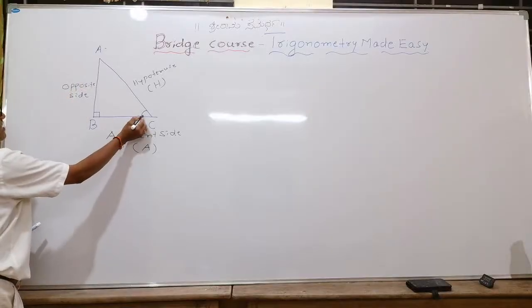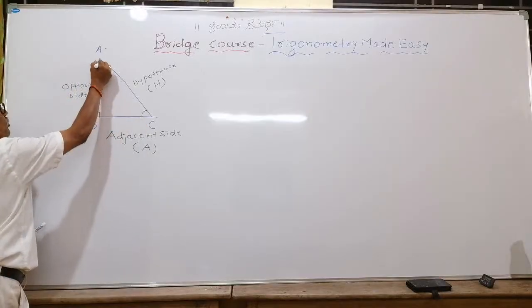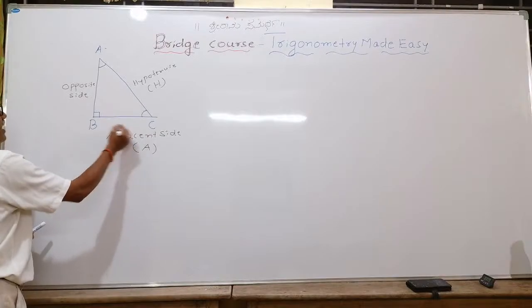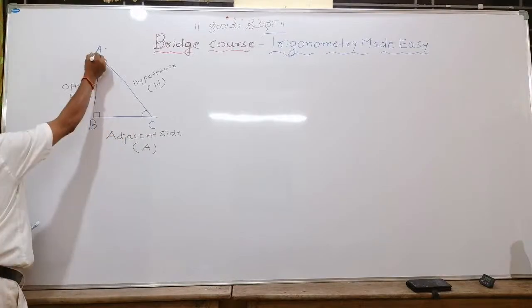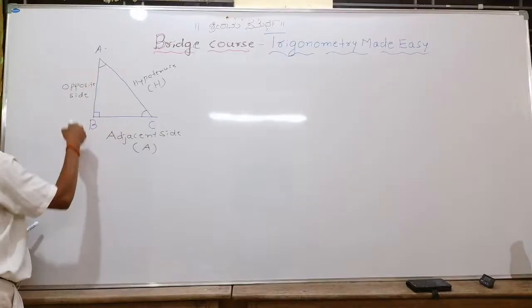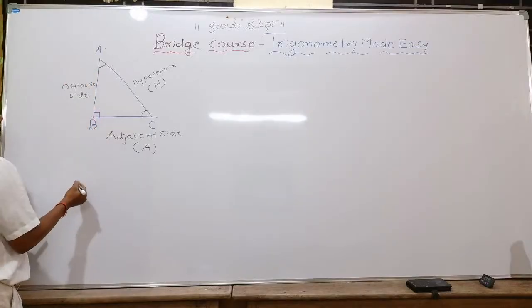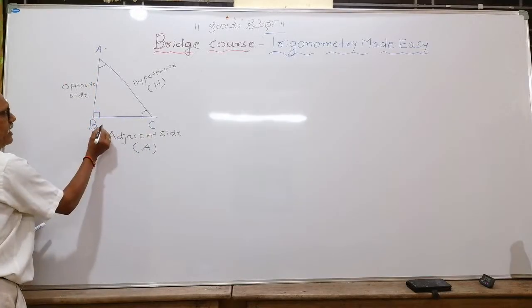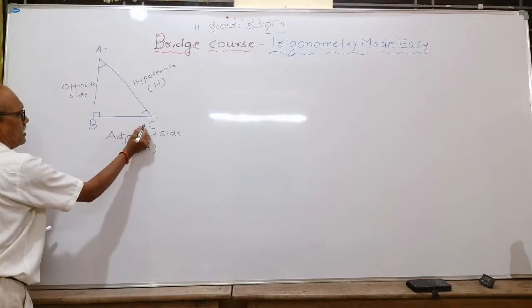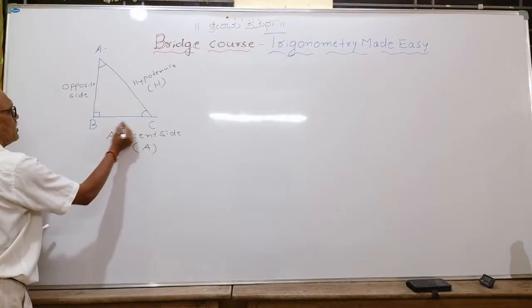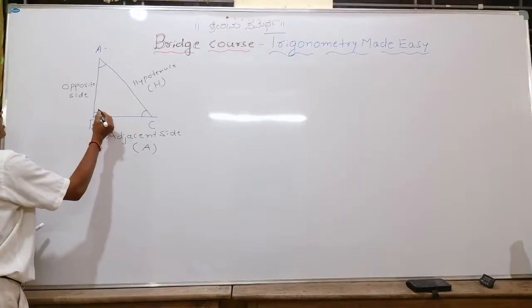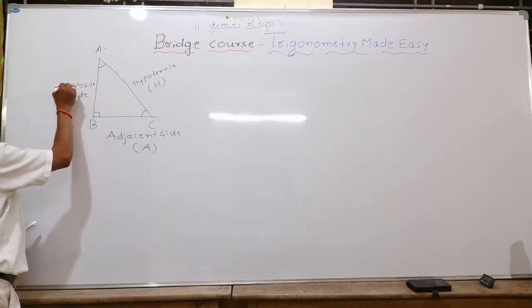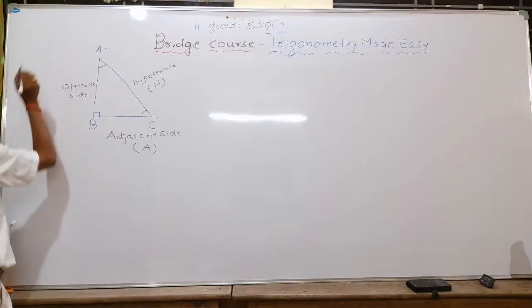With respect to angle A, opposite will be this base, and adjacent will be this perpendicular, the altitude of the right angle triangle. If you take angle C, then this particular base becomes opposite, and the altitude becomes adjacent. This point you clearly remember.